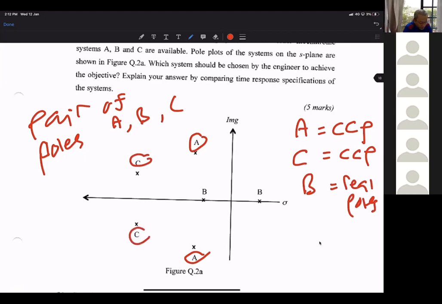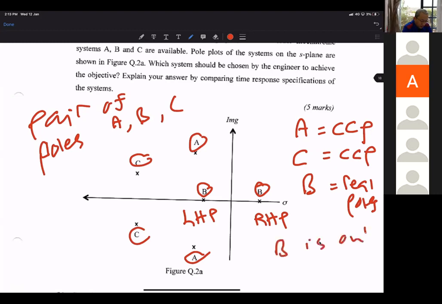So in this case, we found that B has one pole on the left half plane, the other one on the right half plane. Am I right? Betul tak? Yes, Prof. So meaning that B is out of question due to unstable.